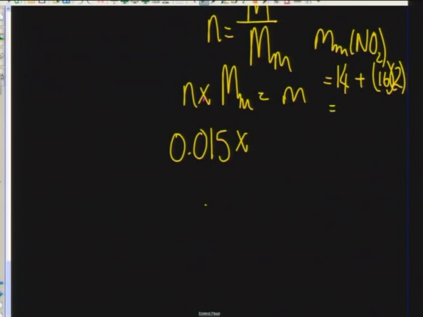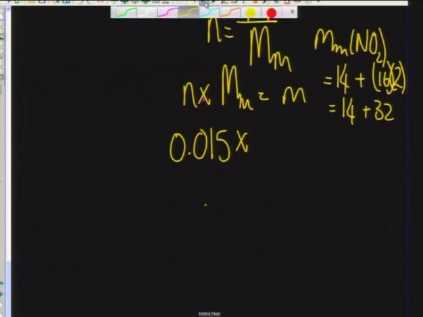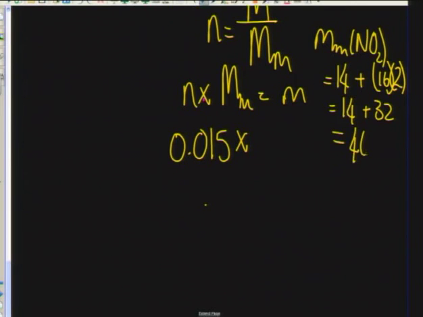So I've got 14 plus 2 multiplied by 16, because there were 2 oxygens, which gives me 46. So this was 46 grams per mole.